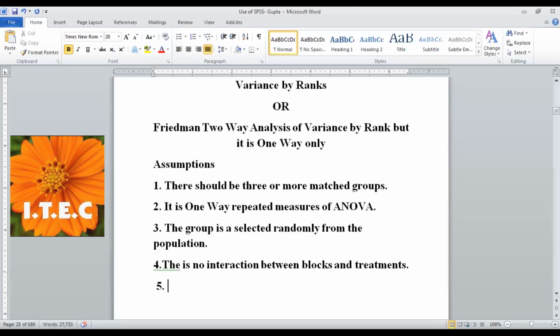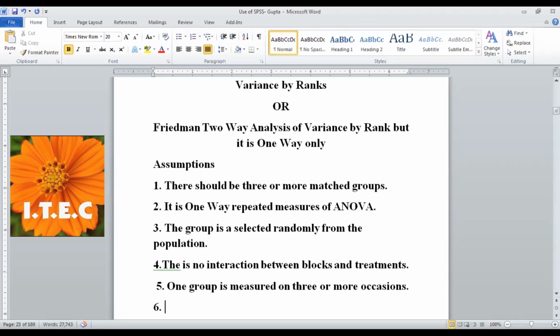Then another is that one group is measured on three or more occasions. You give one treatment, assess, another treatment, assess, another treatment. So it is done multiple number of times.